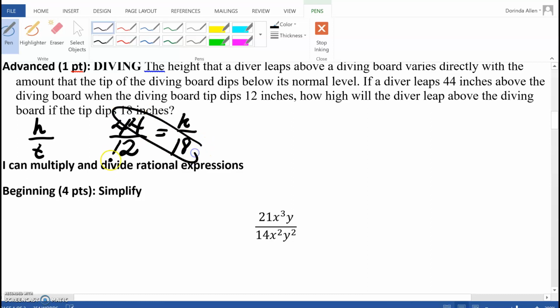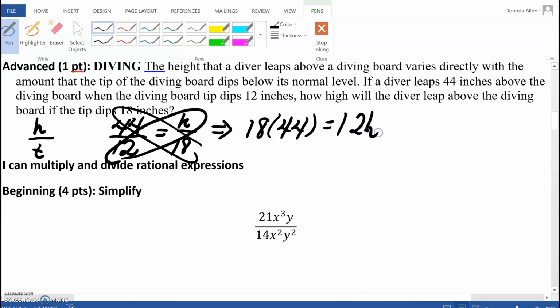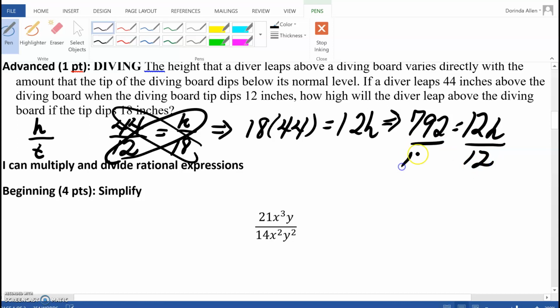I would cross multiply. You could reduce. So we have 18 times 44 equals 12h, 792 equals 12h, and then divide by 12. H equals 66 inches.